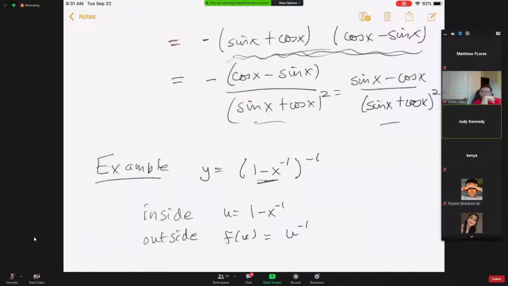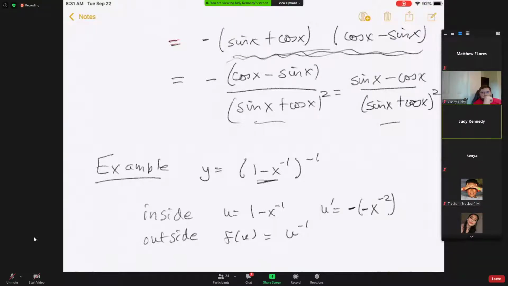Okay, so u prime then is, well, derivative of 1 is 0, and then you have minus x to the minus 1. Well, minus is just a constant. It's really minus 1 times x to the minus 1. And then x to the minus 1, that would be derivative minus x to the minus 2.